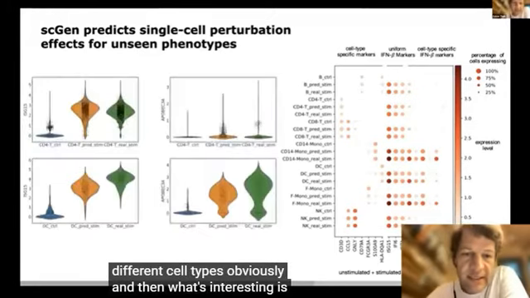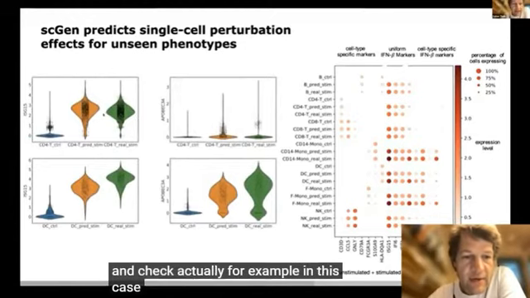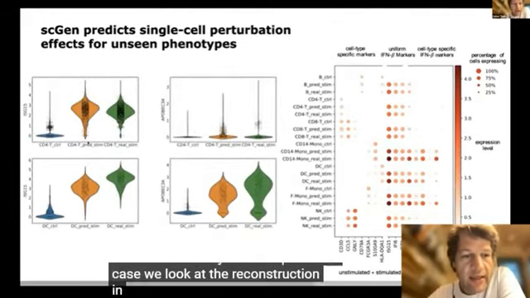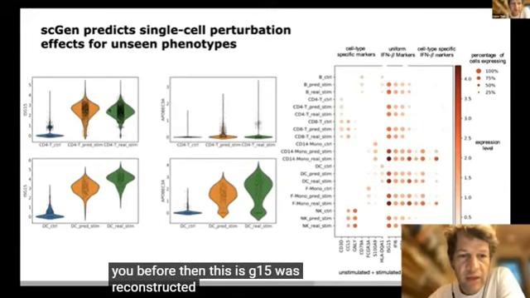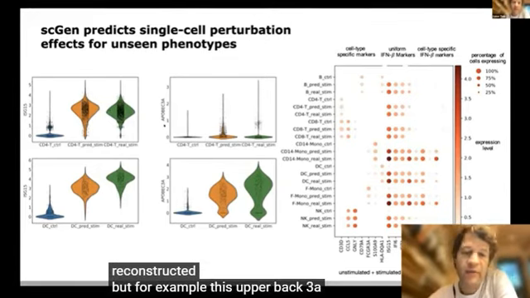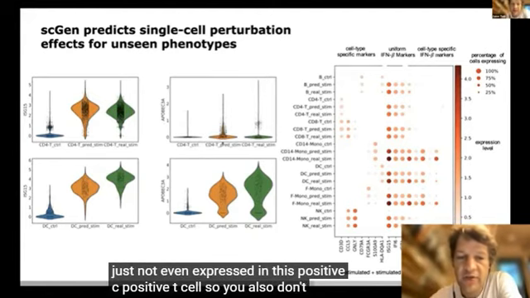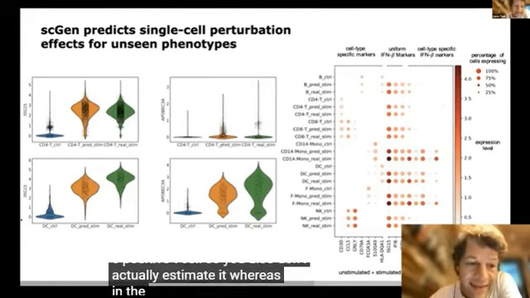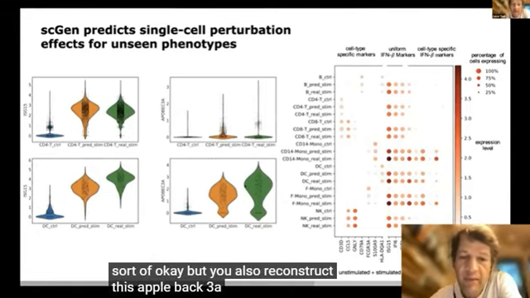And then what's interesting is that if you now zoom in and check, for example, in this case, we look at the reconstruction in the CD4 positive T cells that I showed you before, then this ISG15 was reconstructed. But for example, this APOBEC3A is just not even expressed in these CD4 positive T cells, so you also don't estimate it. Whereas in the dendritic cells, this one is sort of okay, but you also reconstruct this APOBEC3A, which is different.